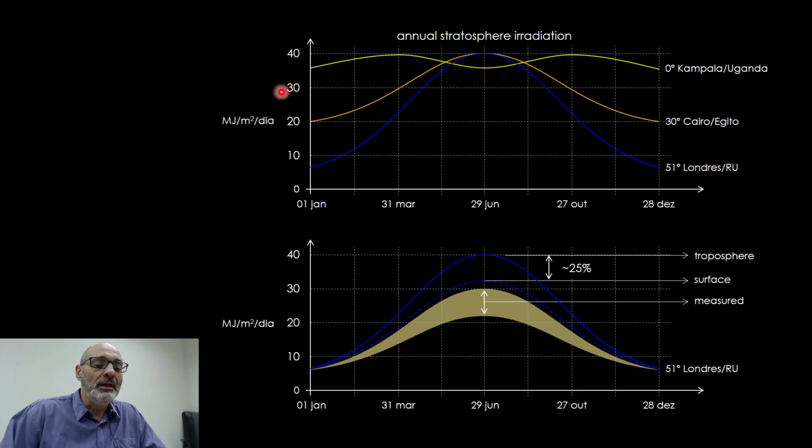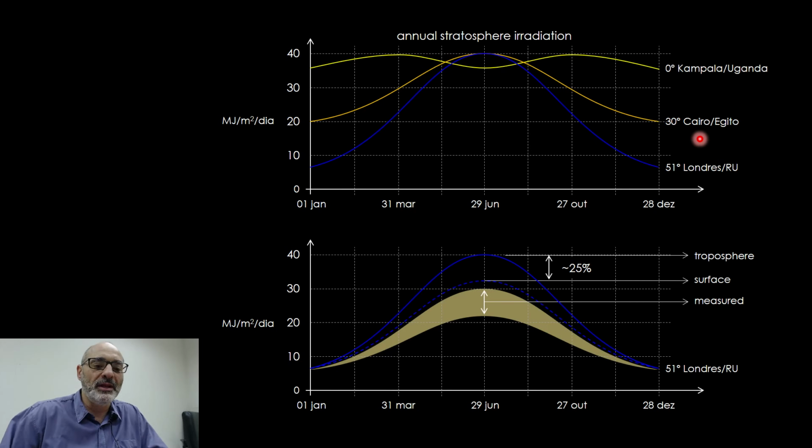So it's an average daily value. You see that near the equator this varies almost nothing. This variation is related to the distance from the sun to Earth, which varies a little bit.